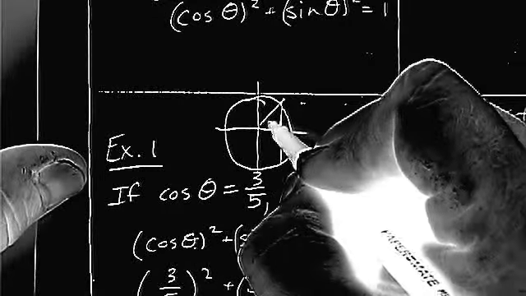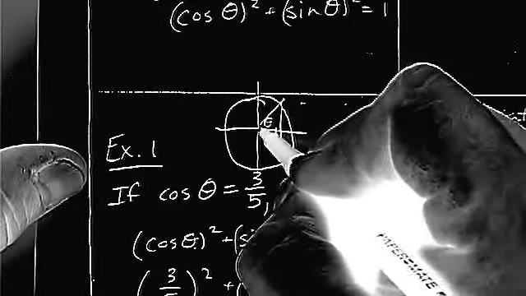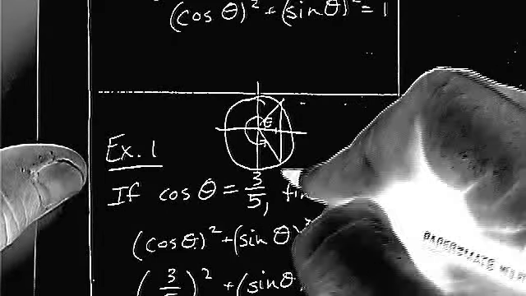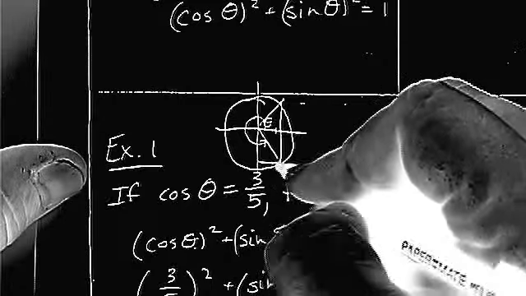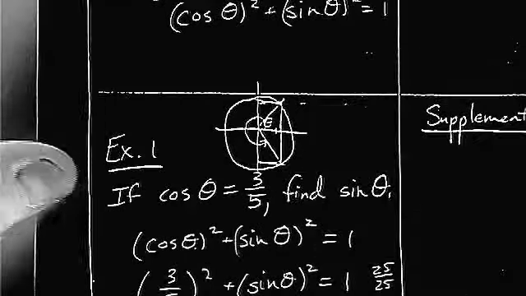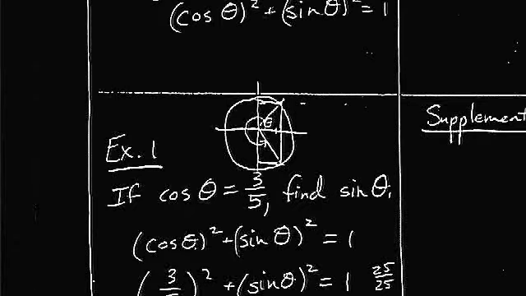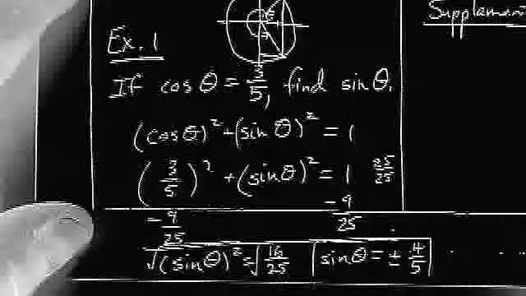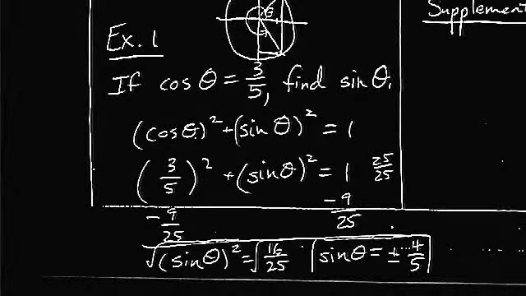But they didn't tell me, and so the angle theta could be here, or the angle theta could be all the way around there. In either case, you'd have a negative y value here, and you'd have a positive y value there. So I don't know whether sine is positive 4/5 or negative 4/5. They didn't tell me enough information. I'd have to be more specific so that you would know for sure.